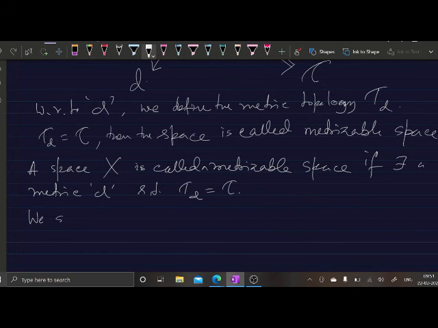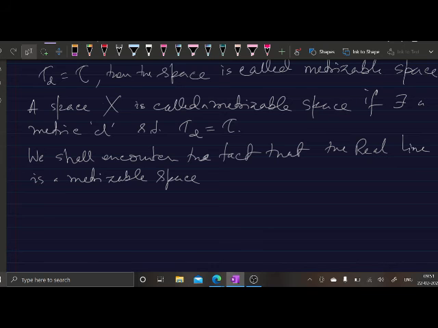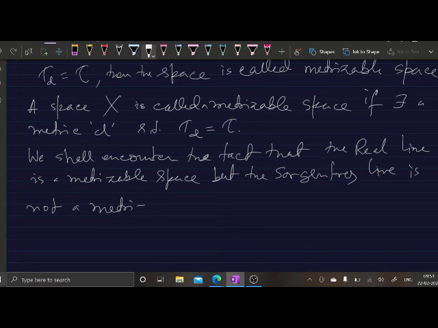We shall encounter the fact that the real line is a metrizable space, but the Sorgenfrey line is not a metrizable space.